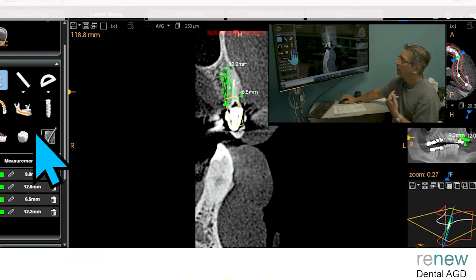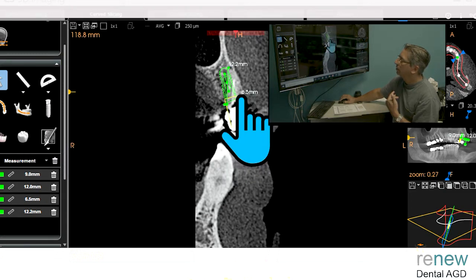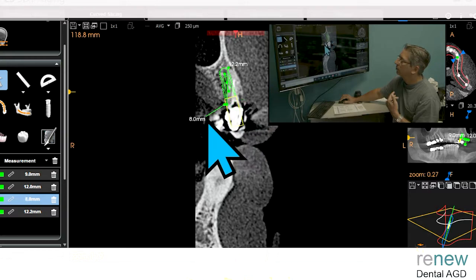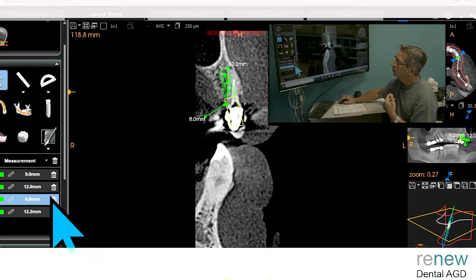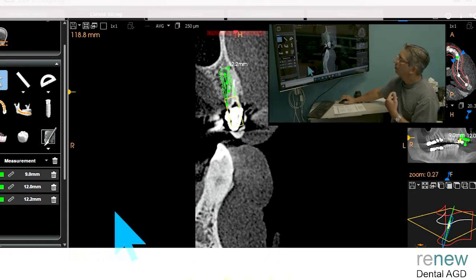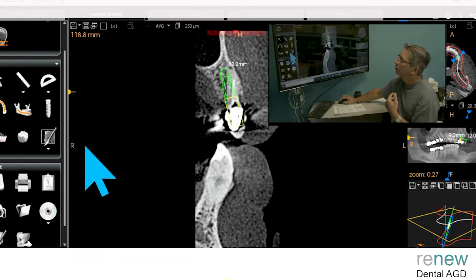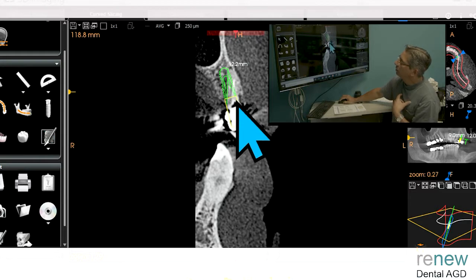Okay, so let me see if I can delete this out. Get rid of this. Okay, so let's get rid of, well, all right. So here's the implant placement going in right here.